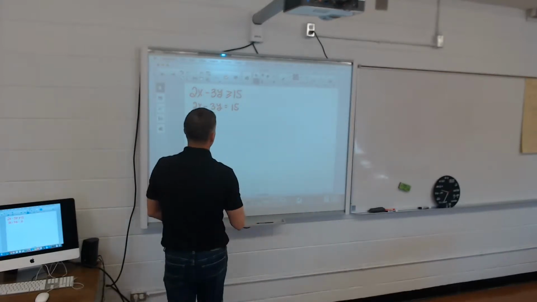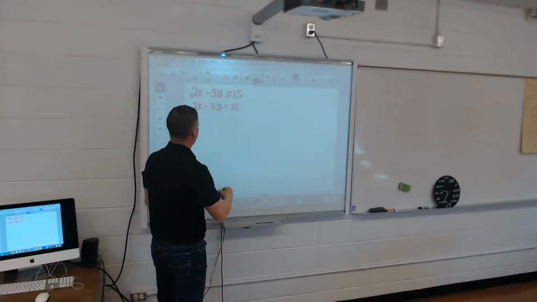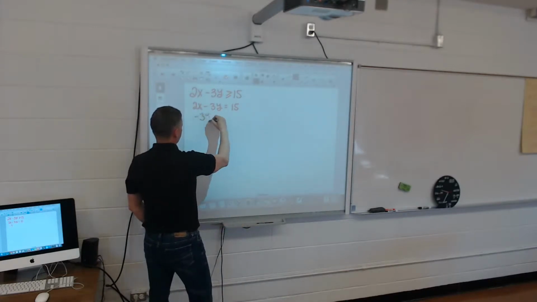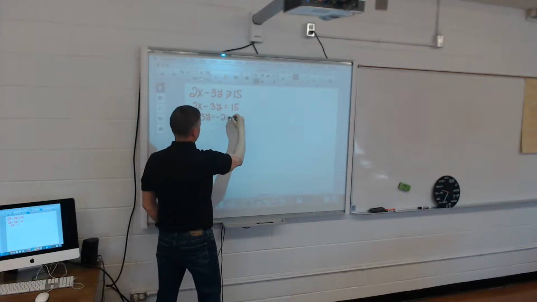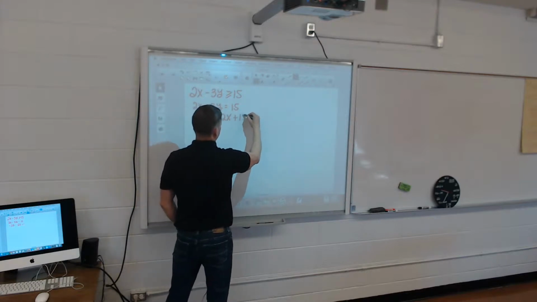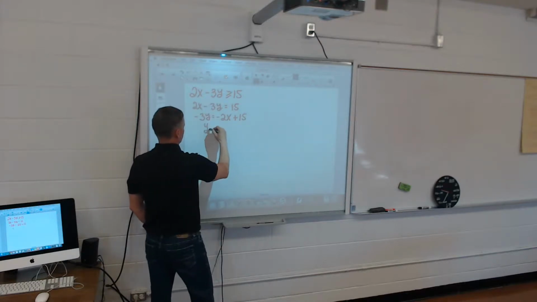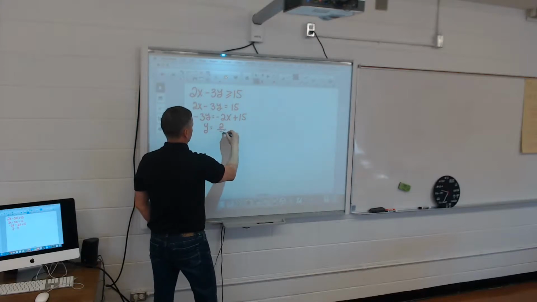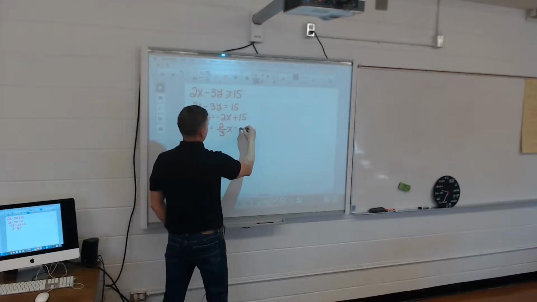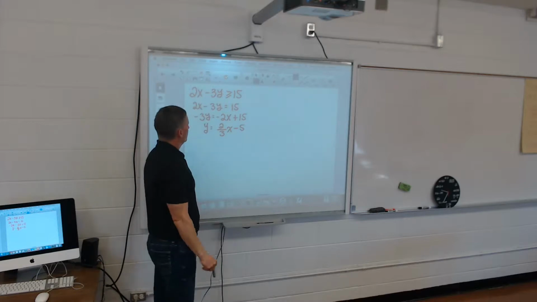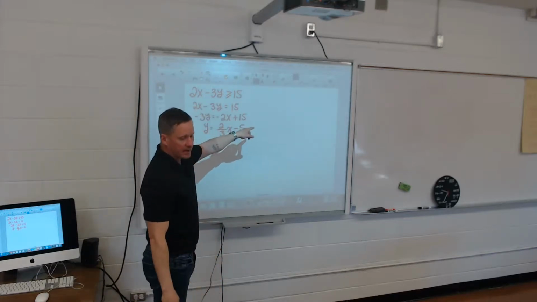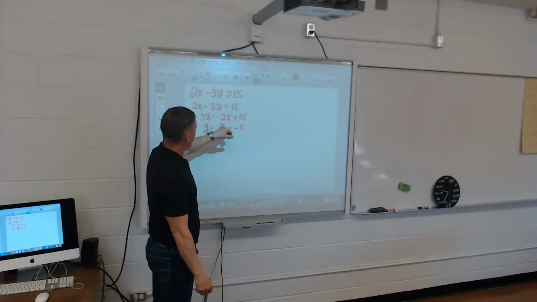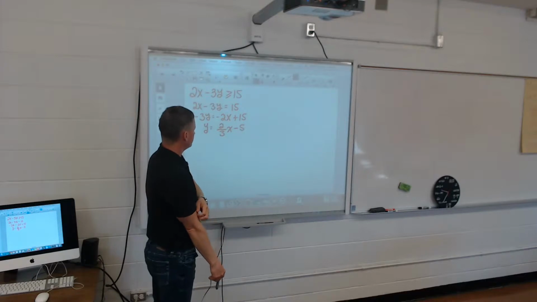So what I'm going to do is change it to y equals mx plus b. Subtract 2x to the right side and then divide by -3.